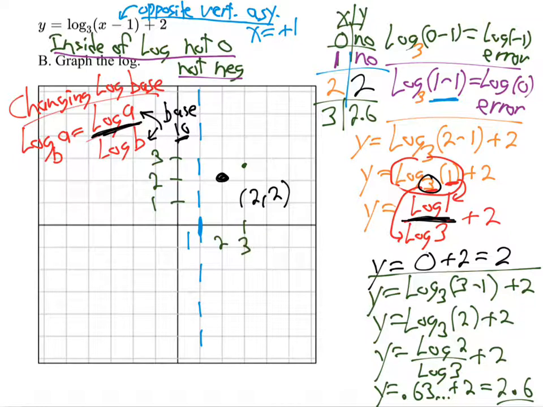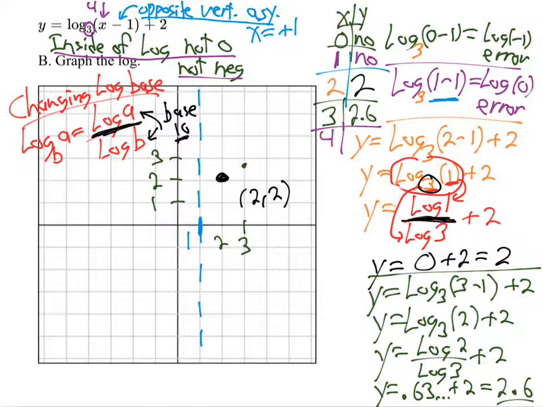Well, I should do this in a smart way. What kind of point should I pick? Well, you want to plug something into the log right here that'll eventually match the 3. So let's plug in 4, because 4 minus 1 will be 3, and that'll match the base, and that'll make the answer come out nice.